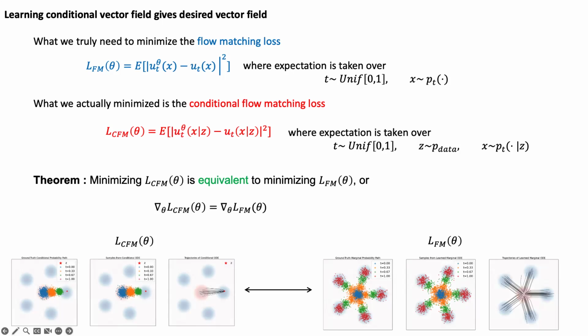Can I ask a question? Yeah. Actually, I want to understand the theorem that minimizing this is equivalent to the original one. My question is, for any Z distribution, any data, is it possible? How is that equivalence possible?